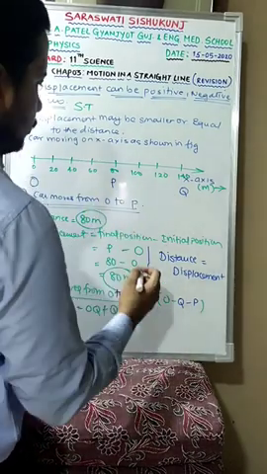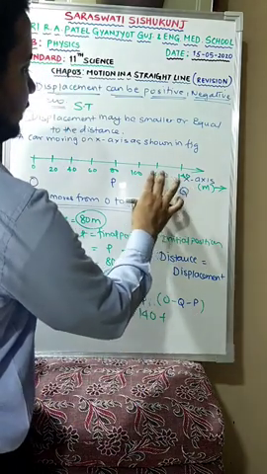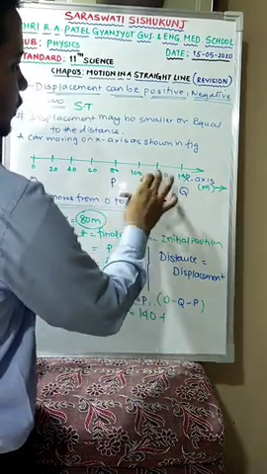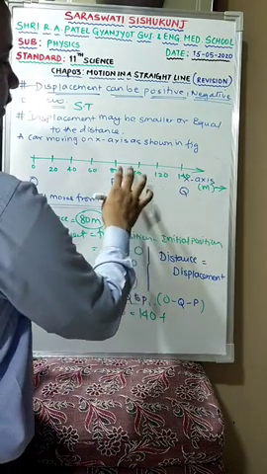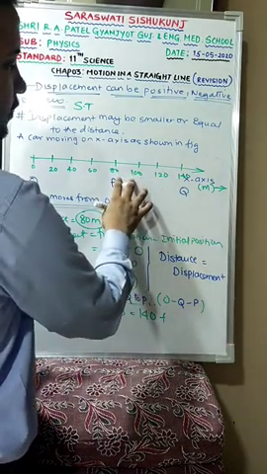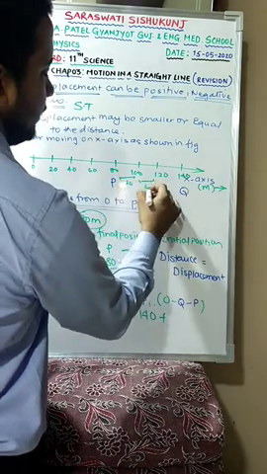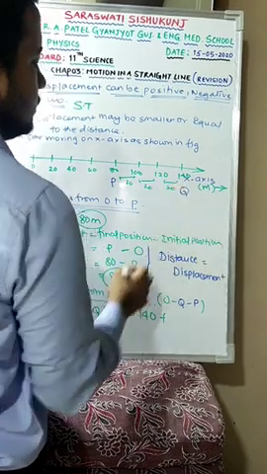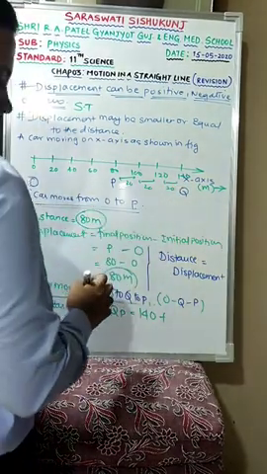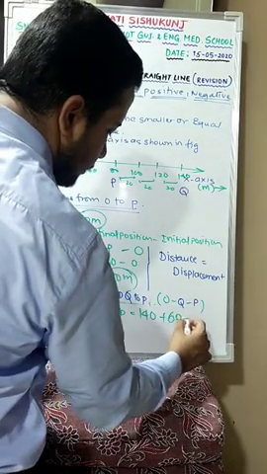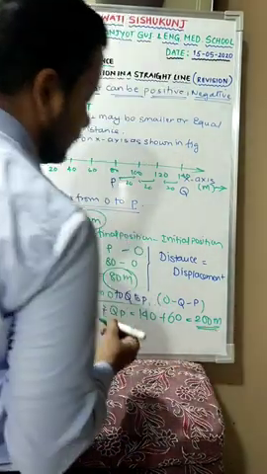So what is the distance? The distance is OQ plus QP, coming back again. O to Q is 140, and Q to P is 20, 40, 60, since each gap is 20. So my answer is 140 plus 60, which is 200 meters. Still clear?